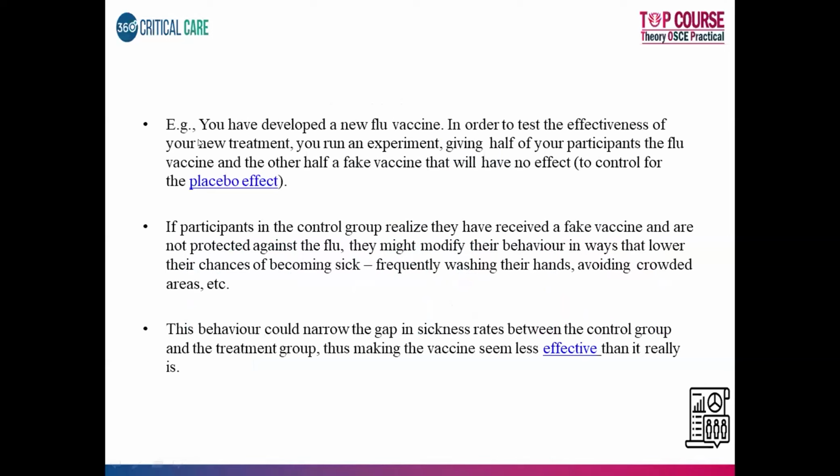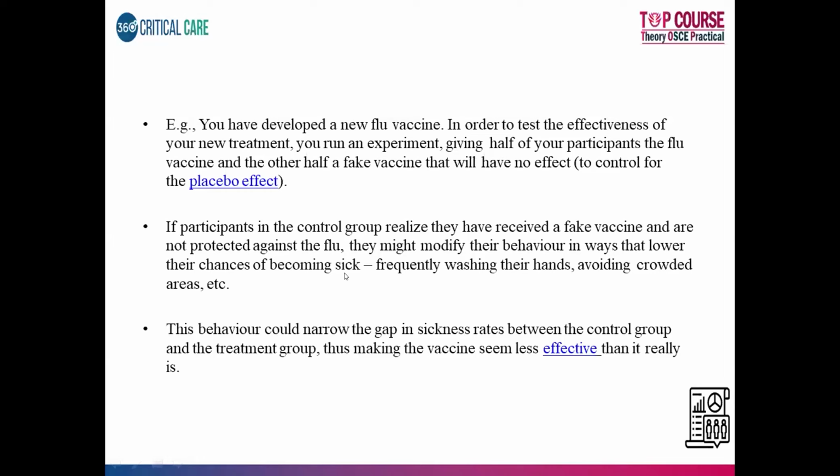Suppose the participants know that they are receiving a fake vaccine and they are not protected against the flu. They come to know that you are not giving any vaccine for them and they are just being given a placebo. So they might modify their behavior in ways that lower their chances of becoming sick.